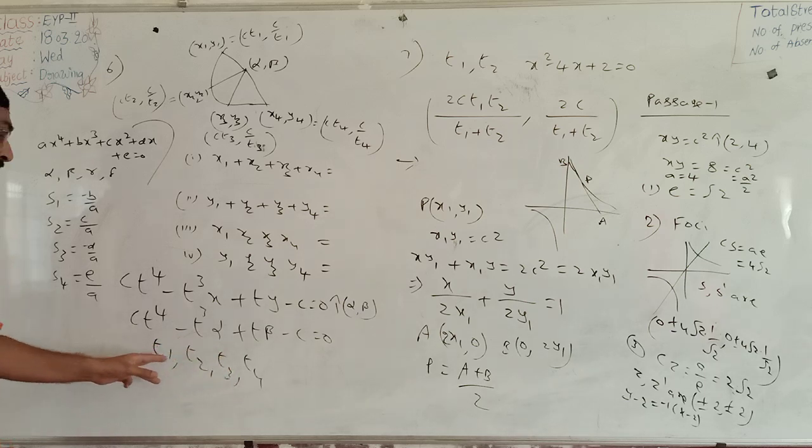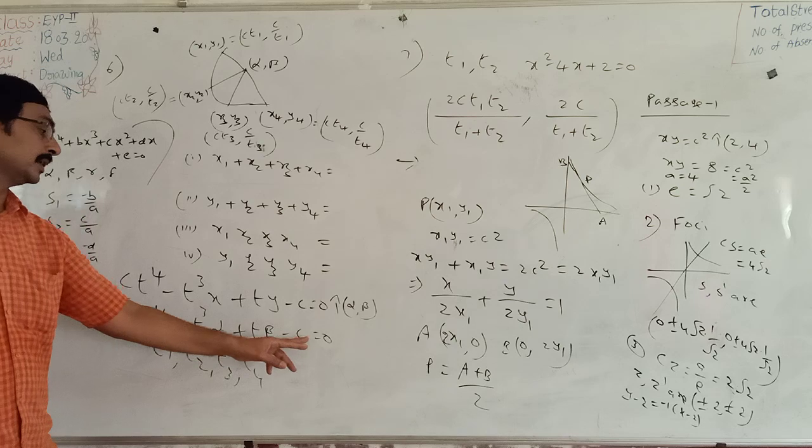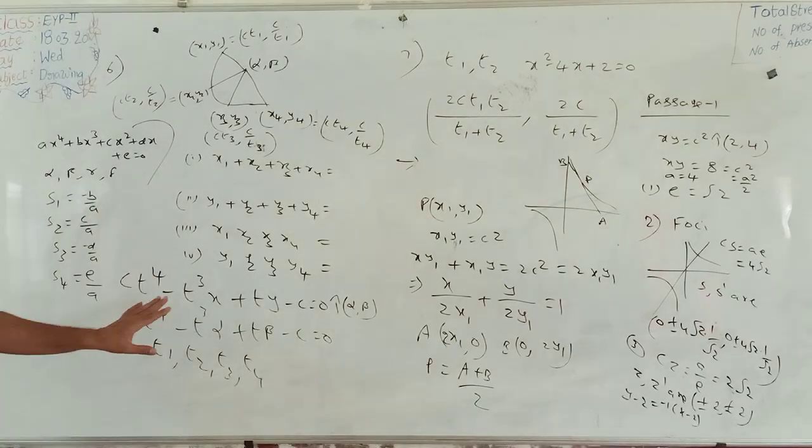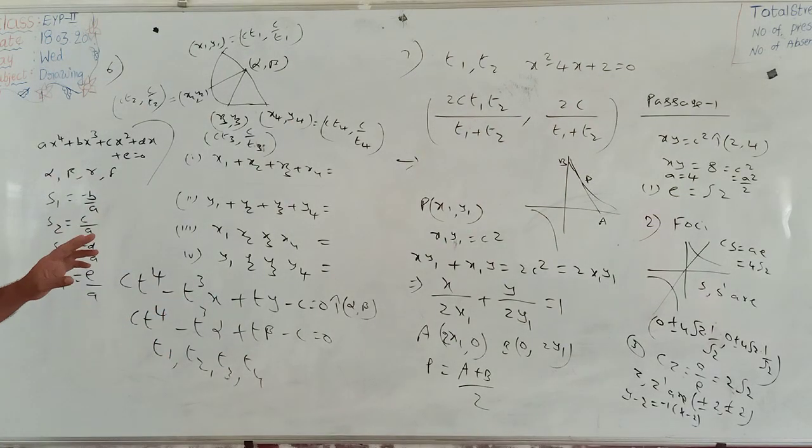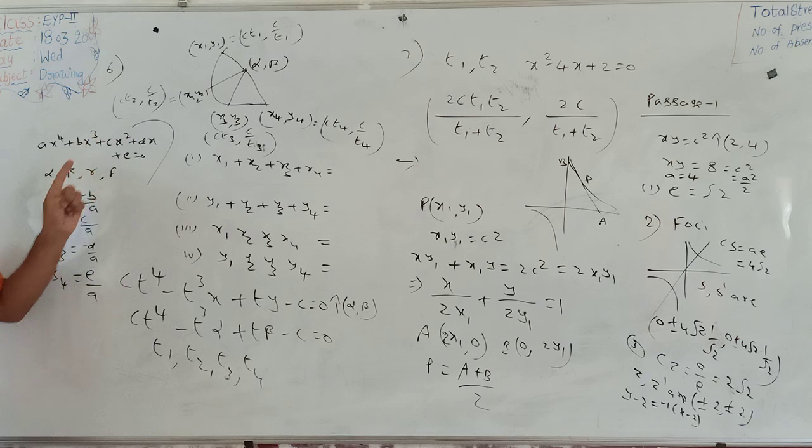Relation between the roots and coefficients of the polynomial equation. We have seen those relations in the topic theory of equations. One more time I am explaining the relation between the roots and coefficients. Suppose alpha, beta, gamma, delta are the roots of this fourth degree equation. Then the sum of the roots alpha plus beta plus gamma plus delta is denoted by S1. Formula for that: minus b by a, minus second coefficient by first.